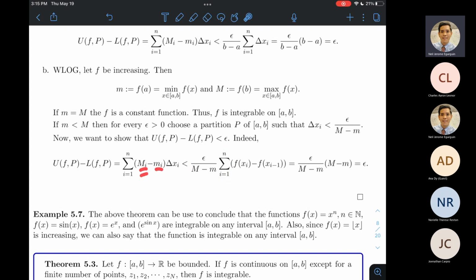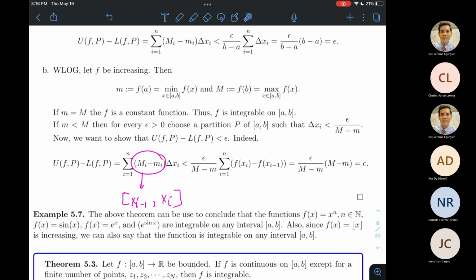So makukuha ko ito. Ano yung matitira sa loob ng summation? Capital Mi minus little mi. Right? Where capital Mi represents the maximum on the ith subinterval and little mi is the minimum on the ith subinterval. Okay? So sila yung maximum at minimum sa x sub i minus 1 hanggang x sub i. Okay. So kailangan ko siyang i-expand. So anong itsura ni capital Mi minus little mi sa bawat interval?